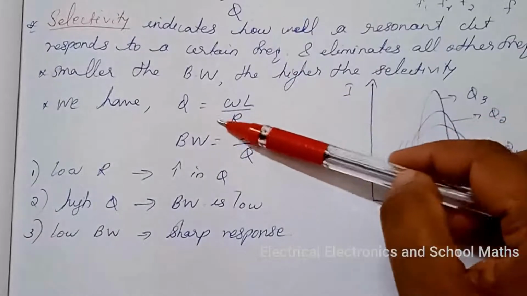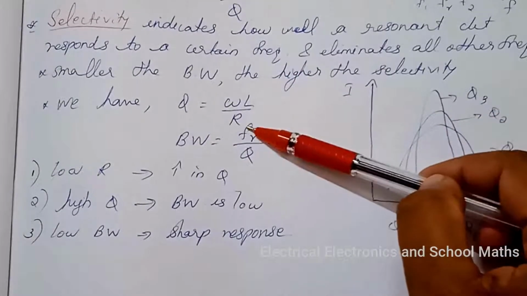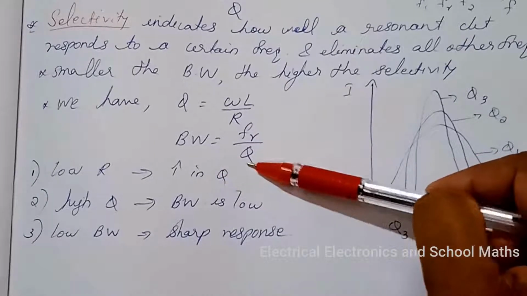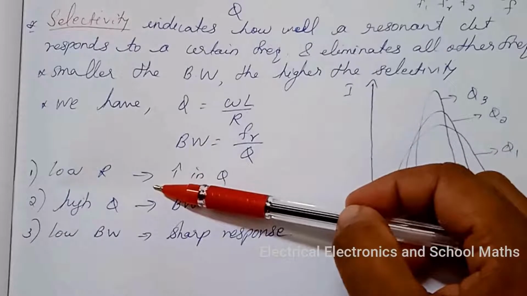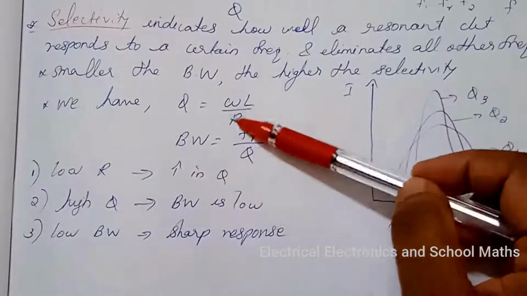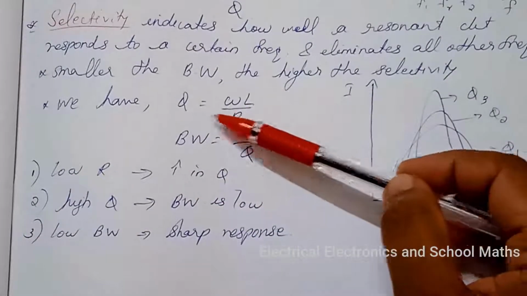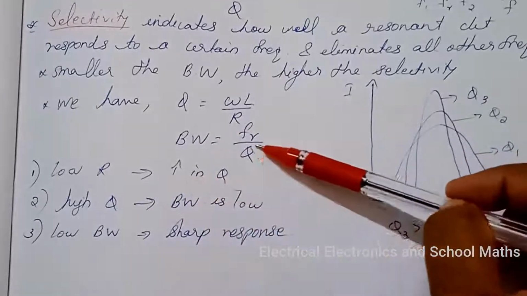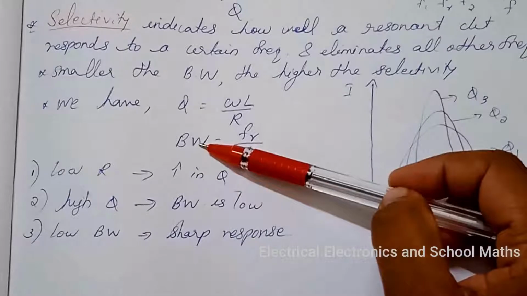We have Q is equal to omega into L by R and bandwidth is equal to FR by Q. So, a low value of R results in increase in Q and a high value of Q means the bandwidth is low.